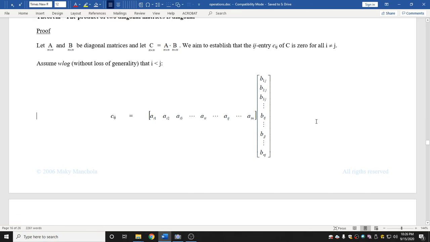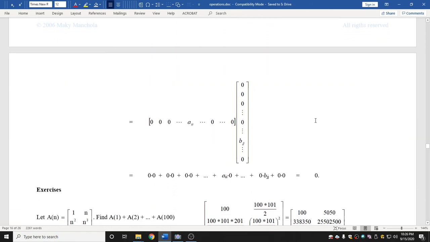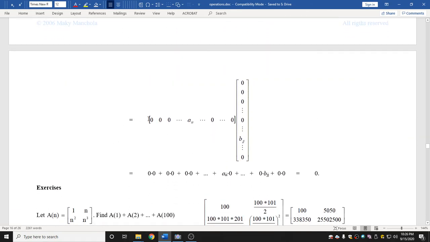So you end up with C_ij equaling the dot product of 0, 0, 0, dot, dot, dot, 0, A_ii, 0, 0, 0, and the column 0, 0, 0, B_jj, 0, 0, 0.